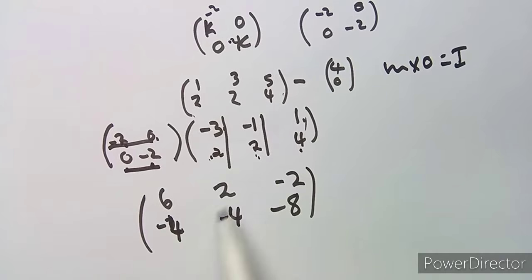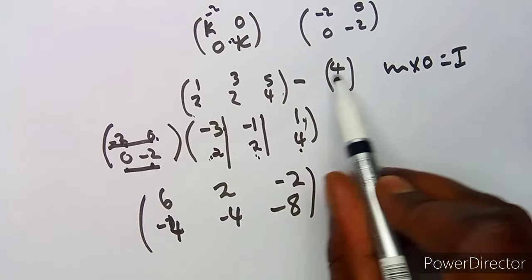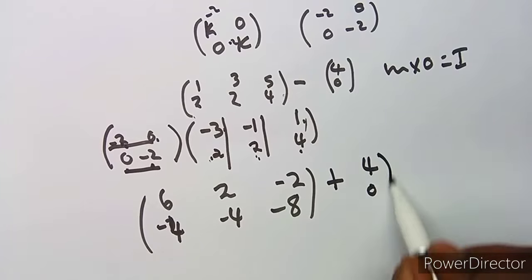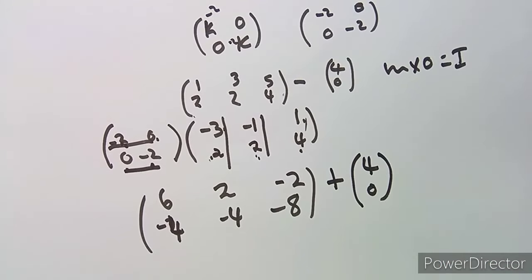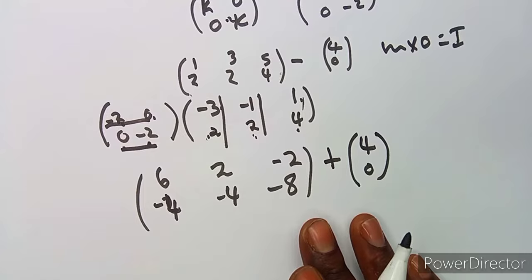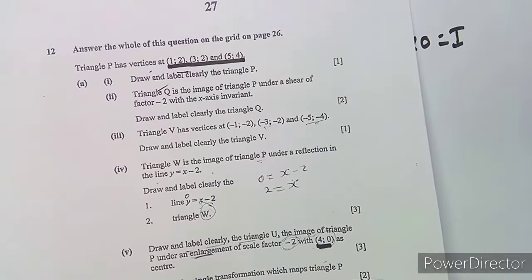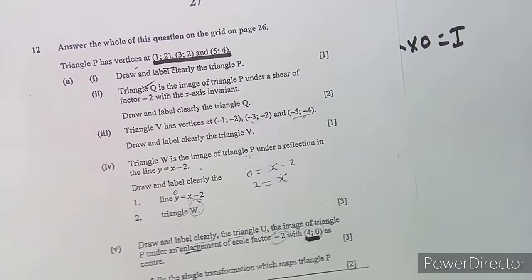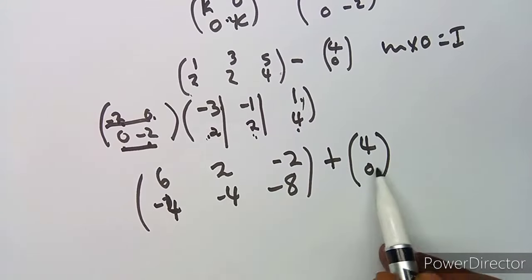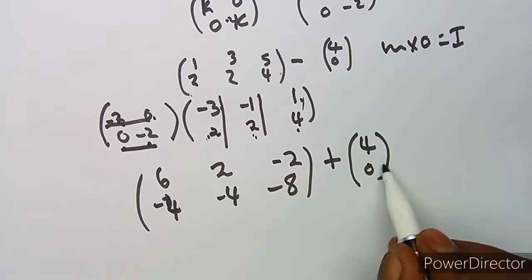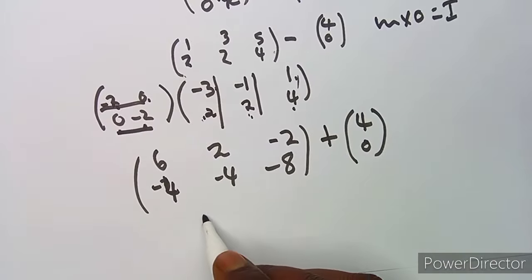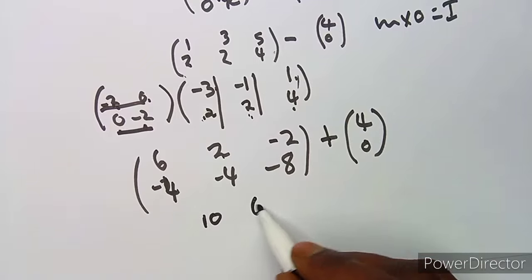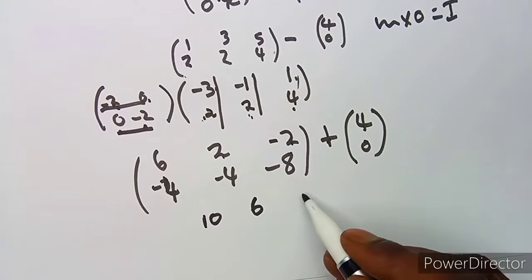So that's it. When you multiply, remember, matrix times object gives us the image. But since the center of (4, 0) is not there, we have to add back that center that we removed. So our center, guys, was (4, 0). You have to add: 6 plus 4 is 10, 2 plus 4 is 6, -2 plus 4 is 2.